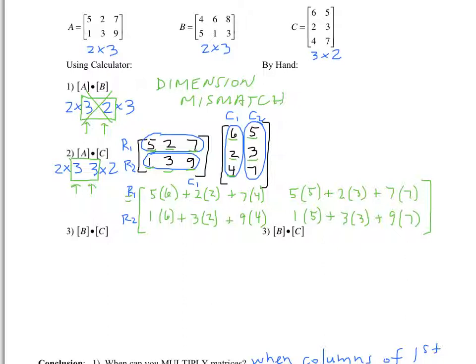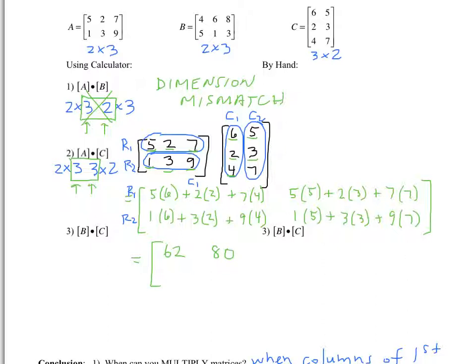So row 1, column 1, 5 times 6 plus 2 times 2 plus 7 times 4, I believe we get 62. Row 1, column 2, 5 times 5 plus 2 times 3 plus 7 times 7, and that's going to give us 80.